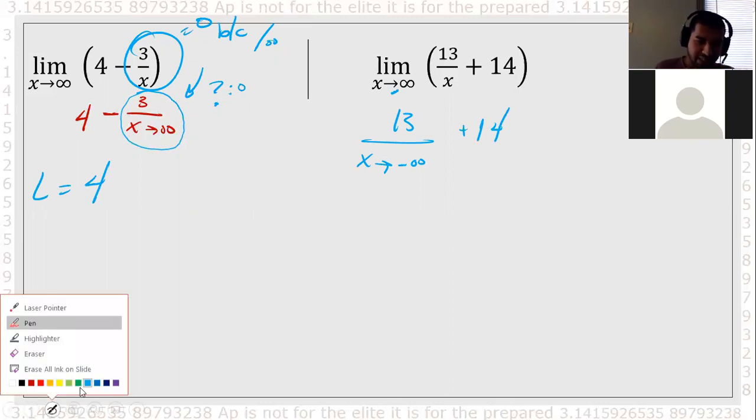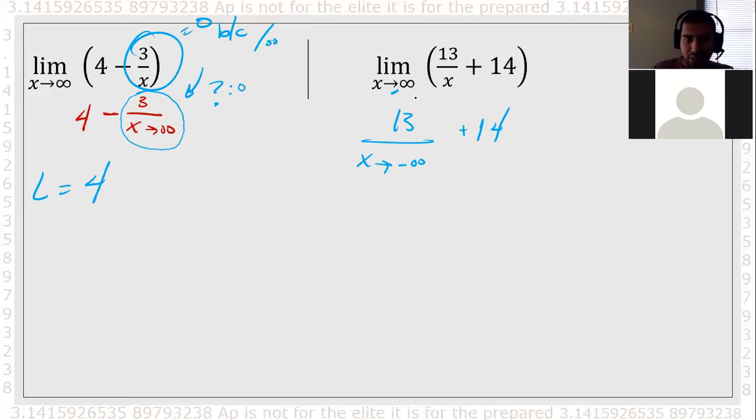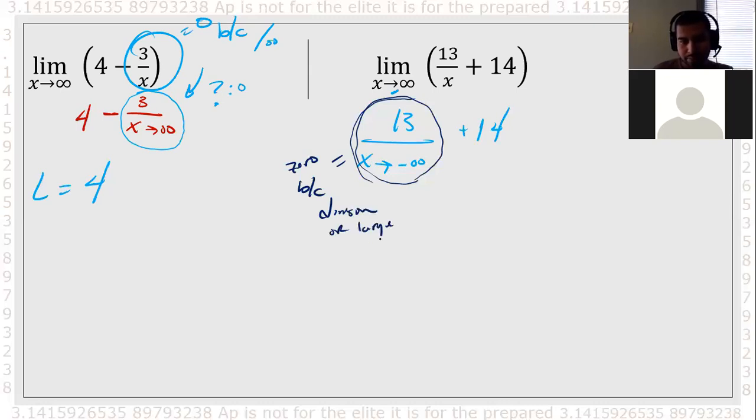It's the same exact thing. This right here still goes to 0 because of division by a large number. So our answer is just 14 here. Any questions so far?